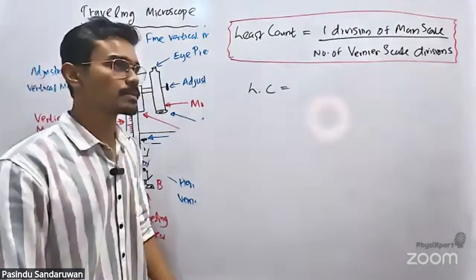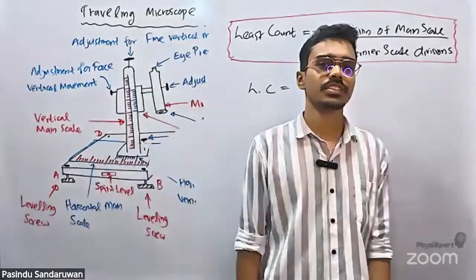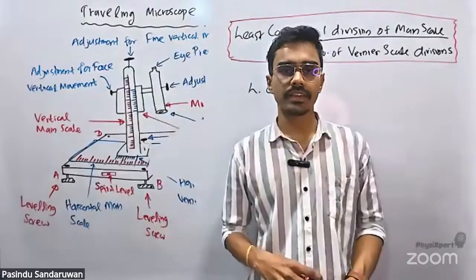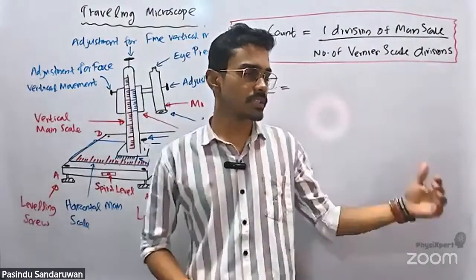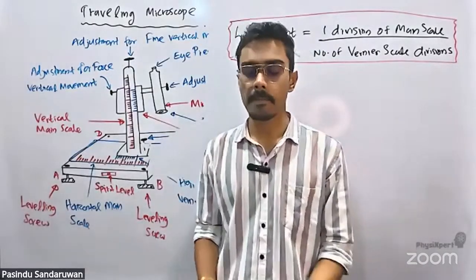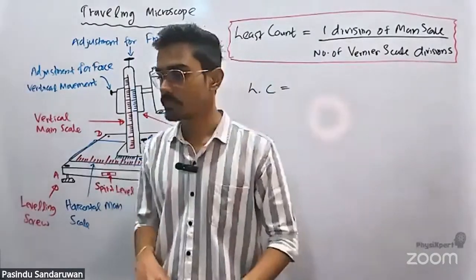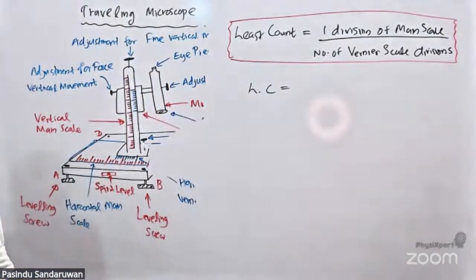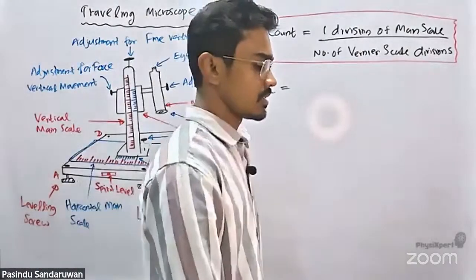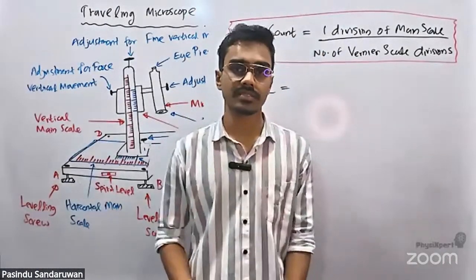Any questions up to here? Students, anything to clarify from the parts we discussed up to this point? Is there anything about the traveling microscope? You should leave the class with no doubts, right? So that's why I'm asking.